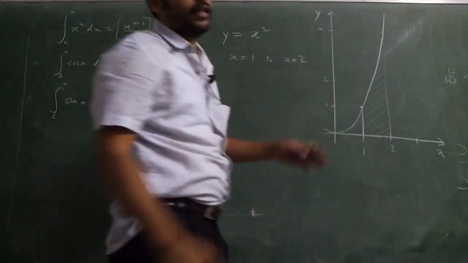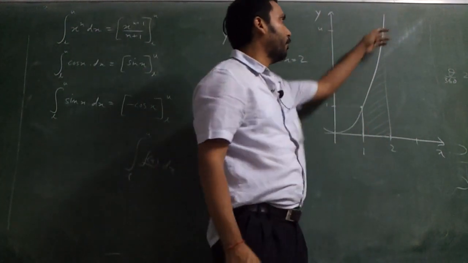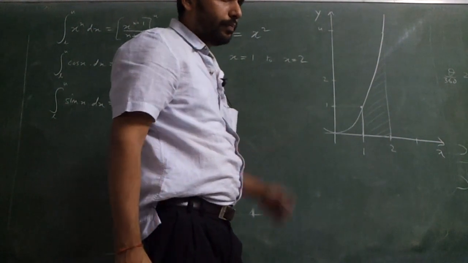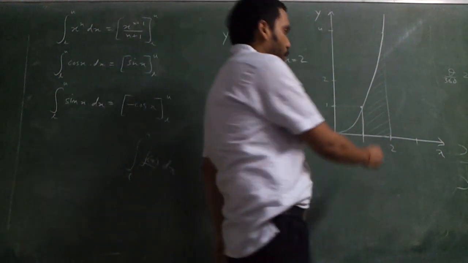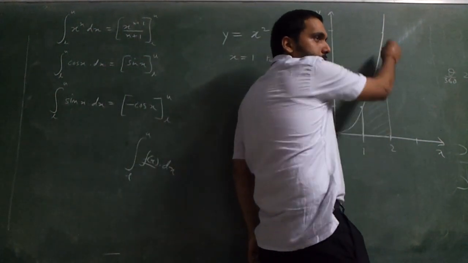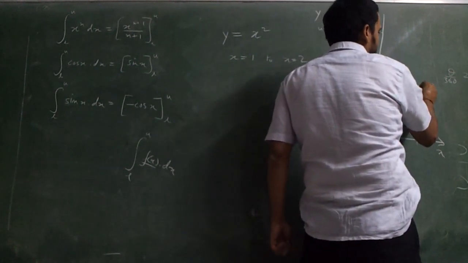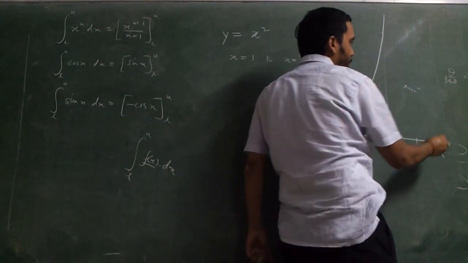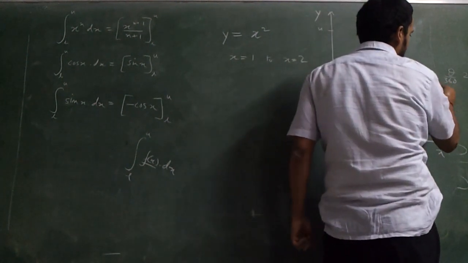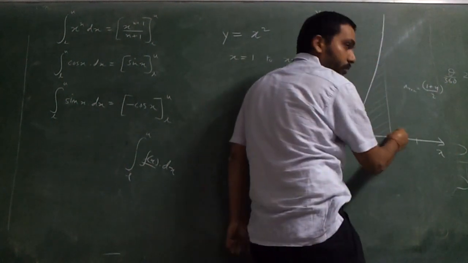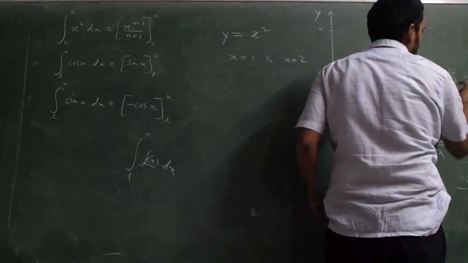Roughly, if I make a trapezium from here to there, one side is 1, one side is 4. What is the trapezium area? Area of the trapezium is (1 plus 4) by 2 into the height. Height is 1.